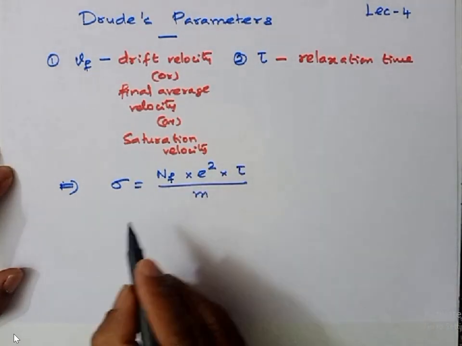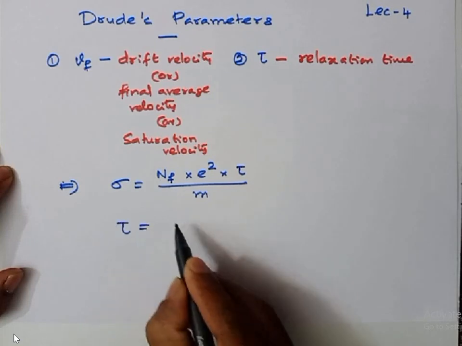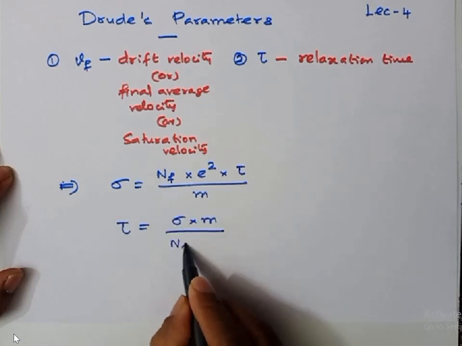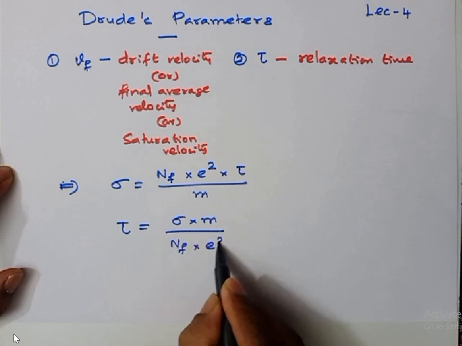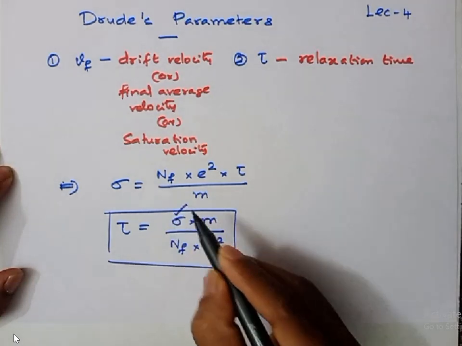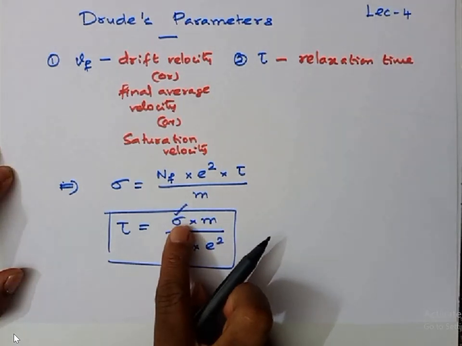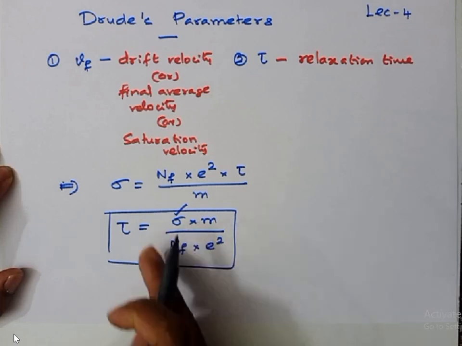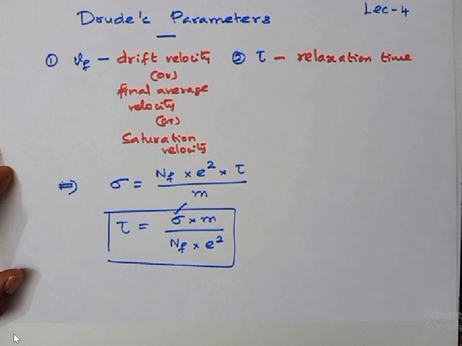If you rearrange this expression, you can write tau is equal to sigma into m by the number of free electrons per unit volume into e square. So if you know the conductivity of the metal and the number of free electrons per unit volume, you can calculate the value of tau by making use of this formula.